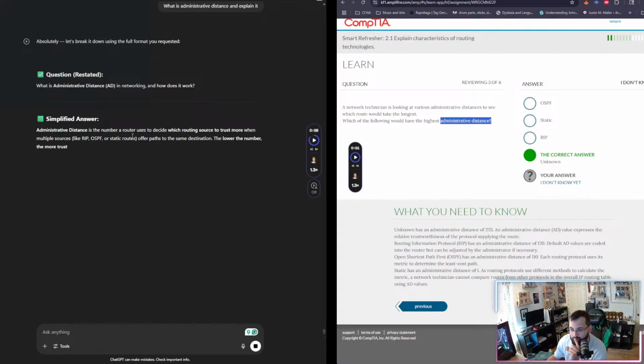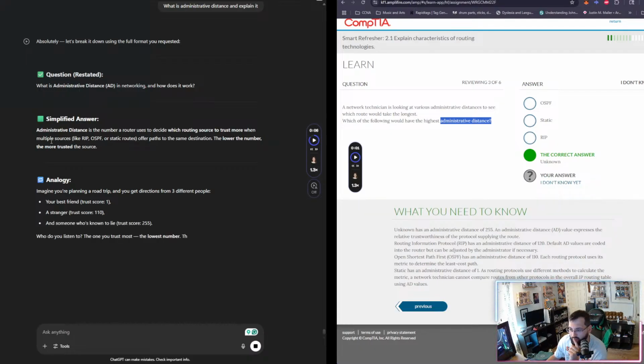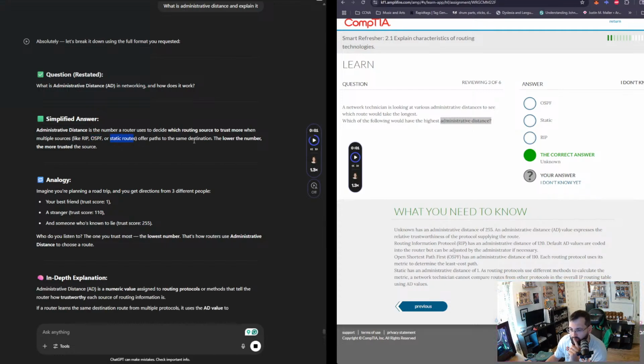Administrative distance is the number a router uses to decide which routing source to trust more when multiple sources, like RIP, OSPF, and static routes, offer paths to the same destination. The lower the number, the more trusted the source.